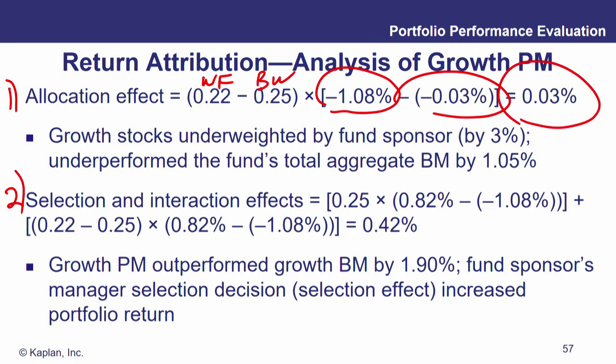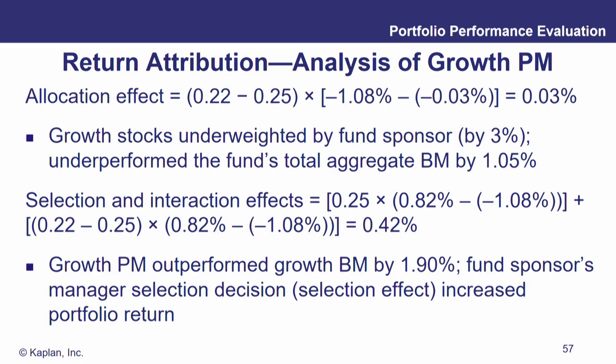So the growth stocks underweight by the fund sponsor by 3% underperformed the fund's total aggregate benchmark by 1.05%. Okay, so then we can take a look at the selection and the interaction effects. So we take a look at the 0.25, which is the benchmark weight. We take a look at the 0.82%, which is the growth fund returns.